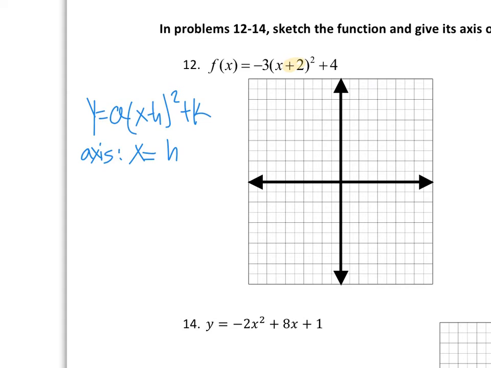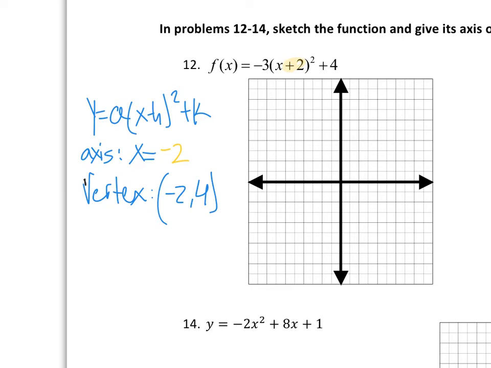So for this one here, we're going to have x equals negative 2. Okay? All right. That's our axis, and then our vertex is always going to be at h comma k. So our vertex is at negative 2, 4.